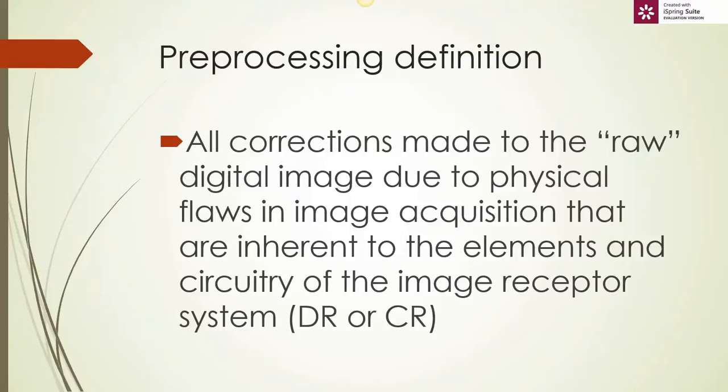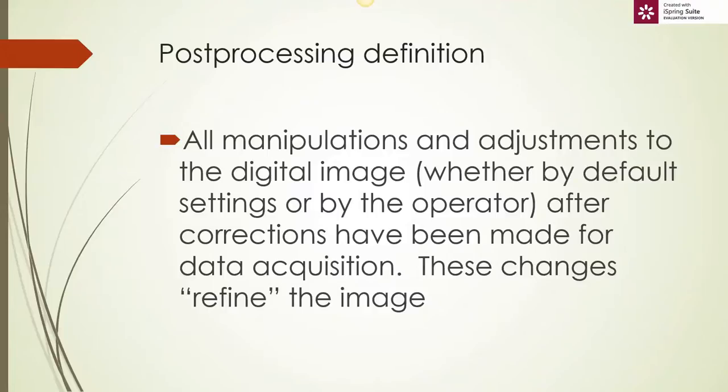Now, it may turn out that you don't like the computer's idea of an acceptable image, in which case you have the capacity to post-process the image, where you're now essentially, and I like Carroll's word here, refining the image. If you think about it, what can you do to the displayed image? You can zoom it, you can reverse it, you could do subtractions on it, you can sharpen the edges, do edge enhancements, you can essentially smooth it, and things like that.